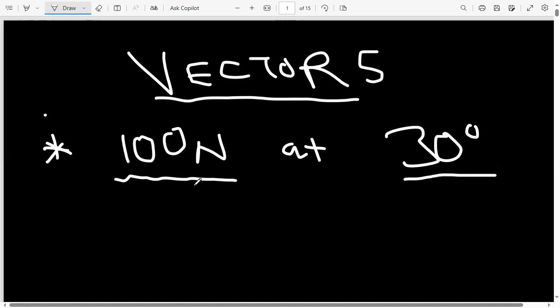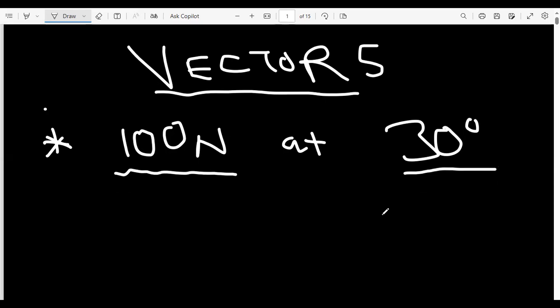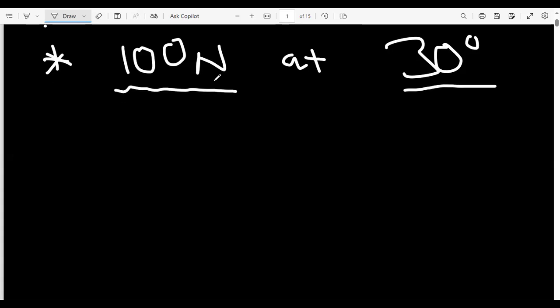It is important to understand that these vectors that we are given, their angle is always read from the positive x-axis. What do I mean? For example, this 100 Newton at 30 degrees, it means it's like this.